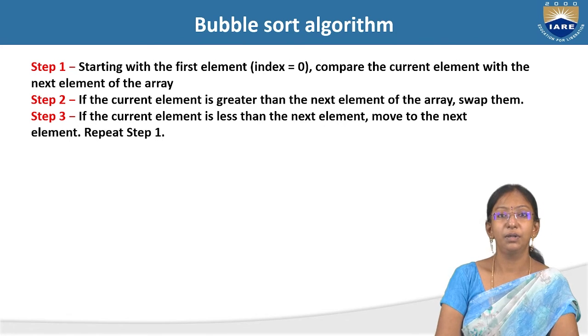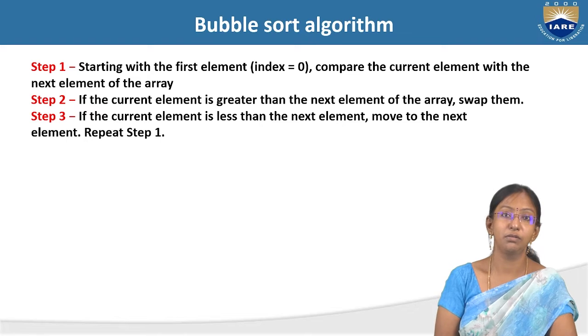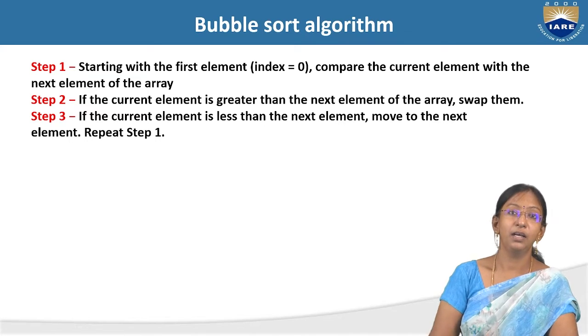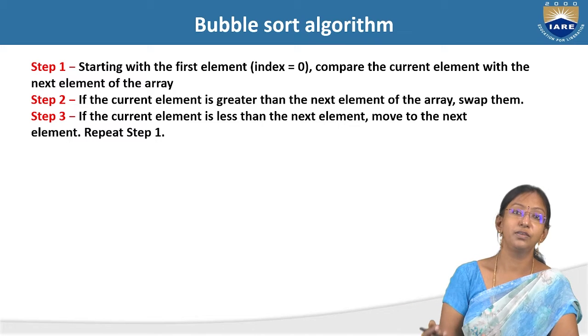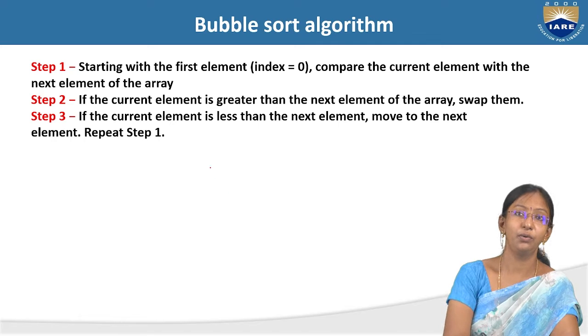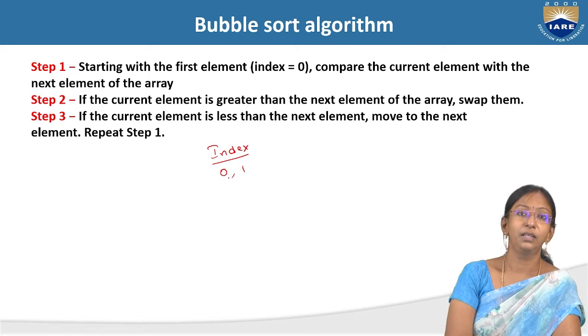If the current element is greater than its consecutive element, or the next element, swap them. Continue this process. Compare elements at index 0 and 1 in the first iteration. If the element at index 1 is smaller than the element at index 0, then swap them.